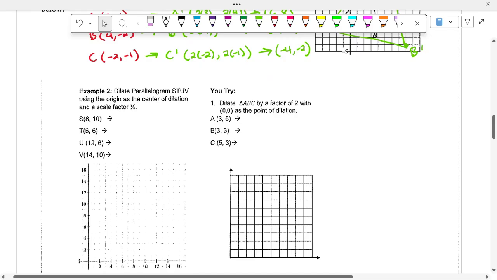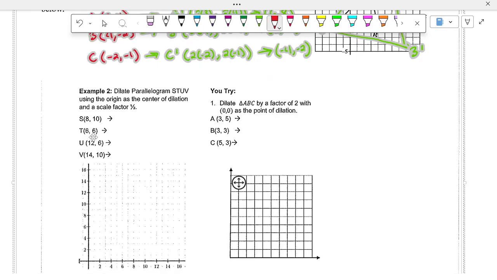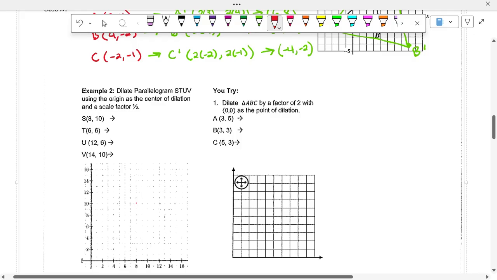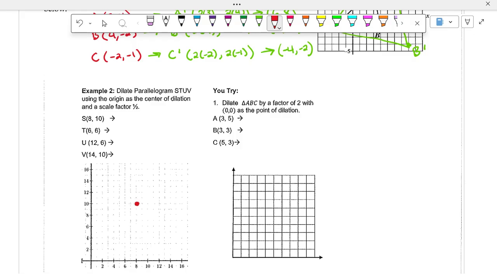I'm going to take a minute and graph this parallelogram using these 4 points. So I have (8, 10), right here. (6, 6), right here. (12, 6).